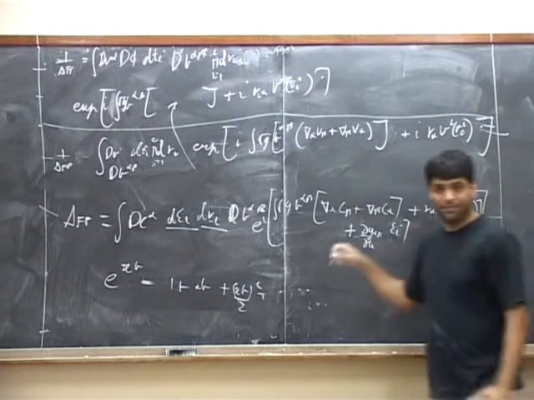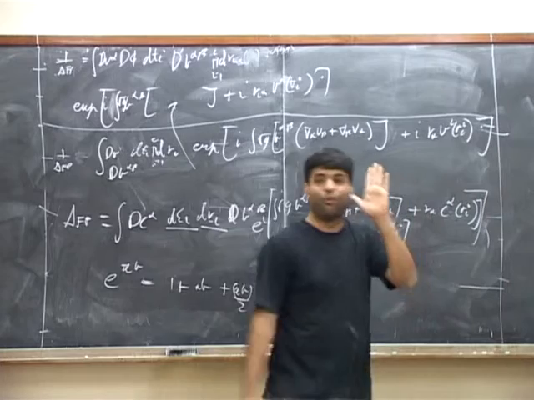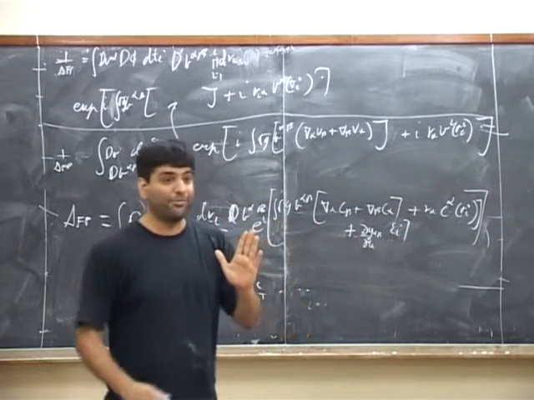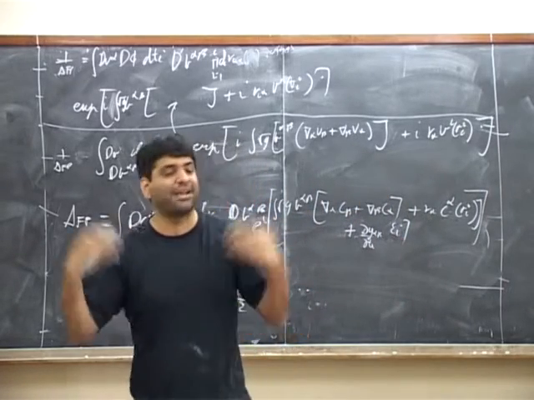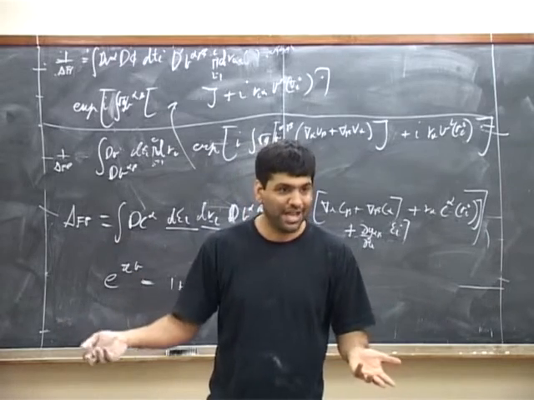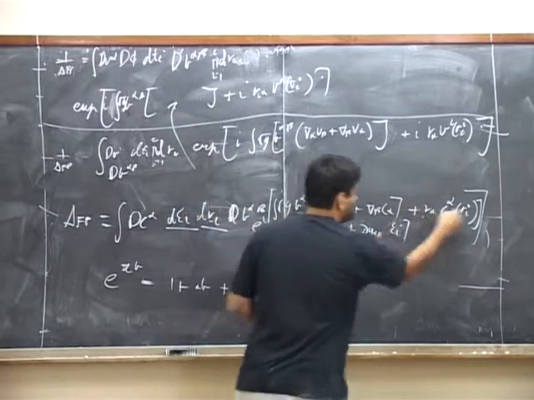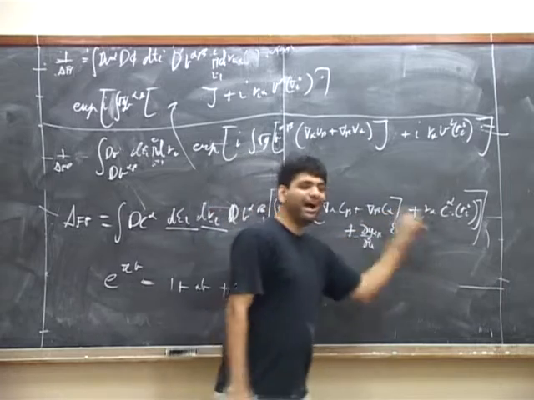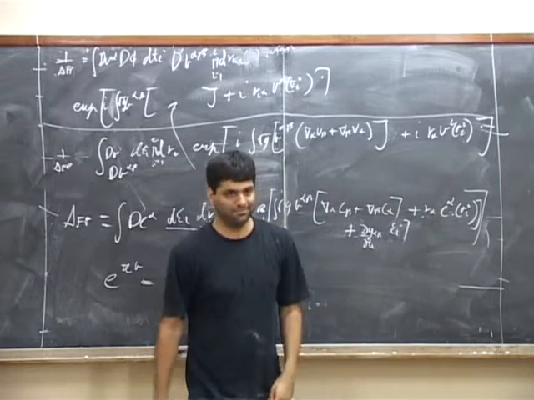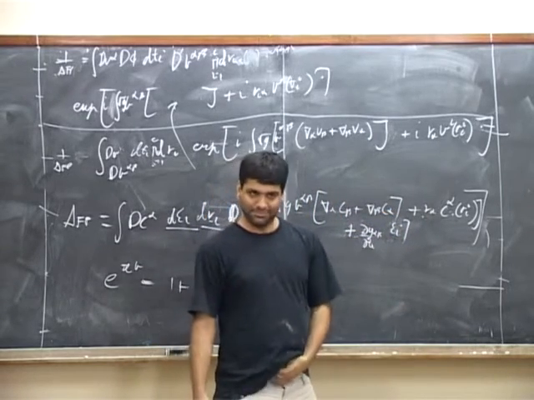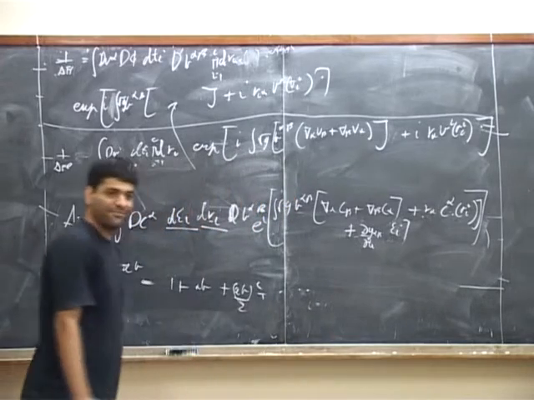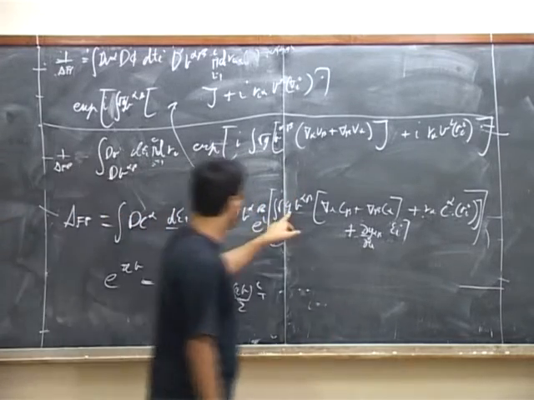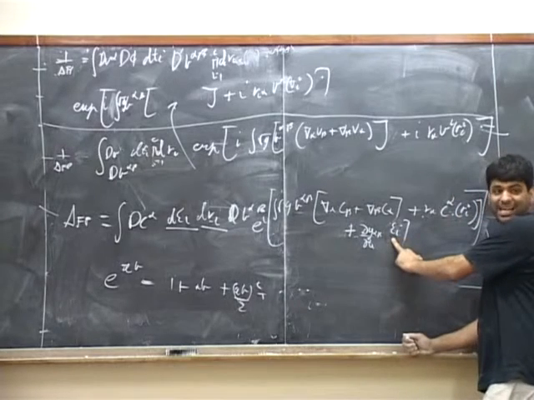So this exponential can be replaced by an integral over 1, which you see is 0. Remember that the integral of a constant over an anti-commuting number is 0. Then there's the integral over r times c. The integral takes up the r, but you keep the c. Similarly here, there's the integral over zeta.